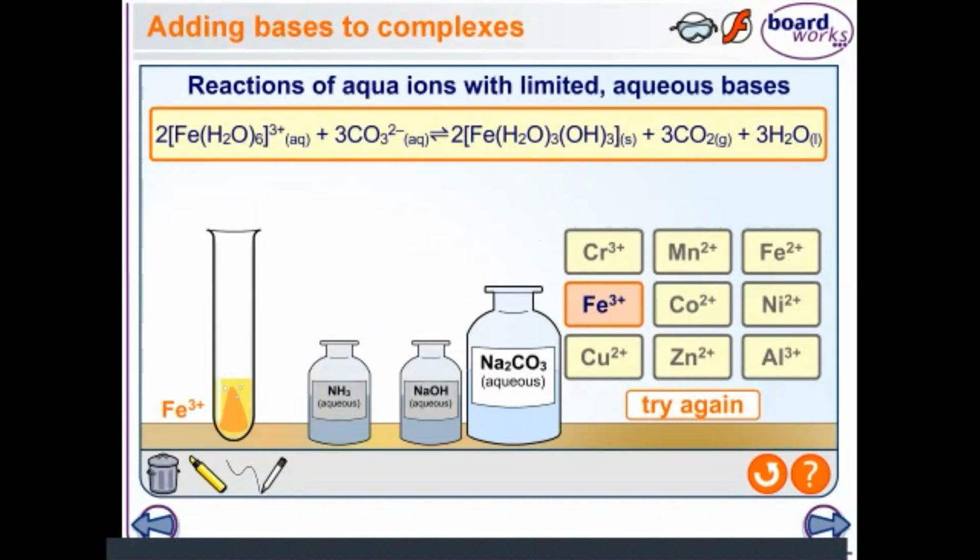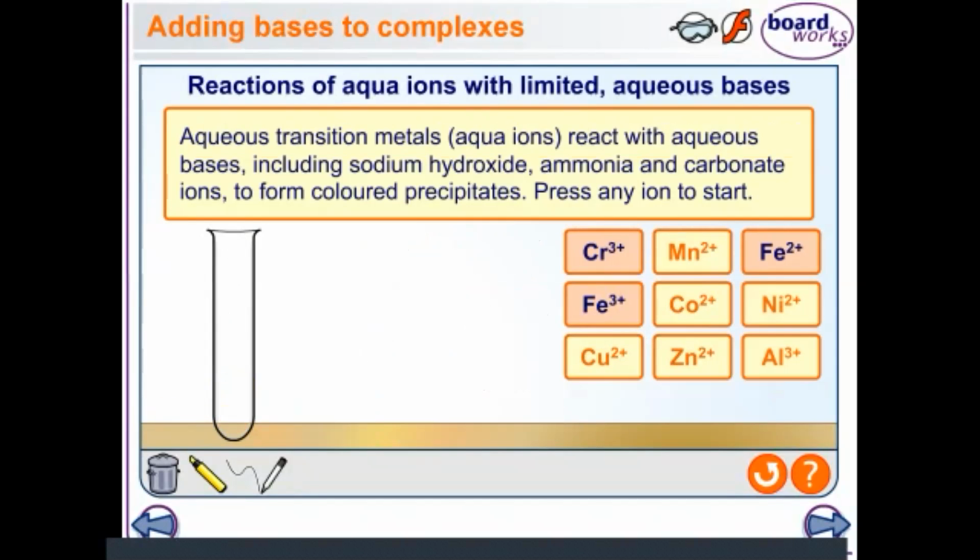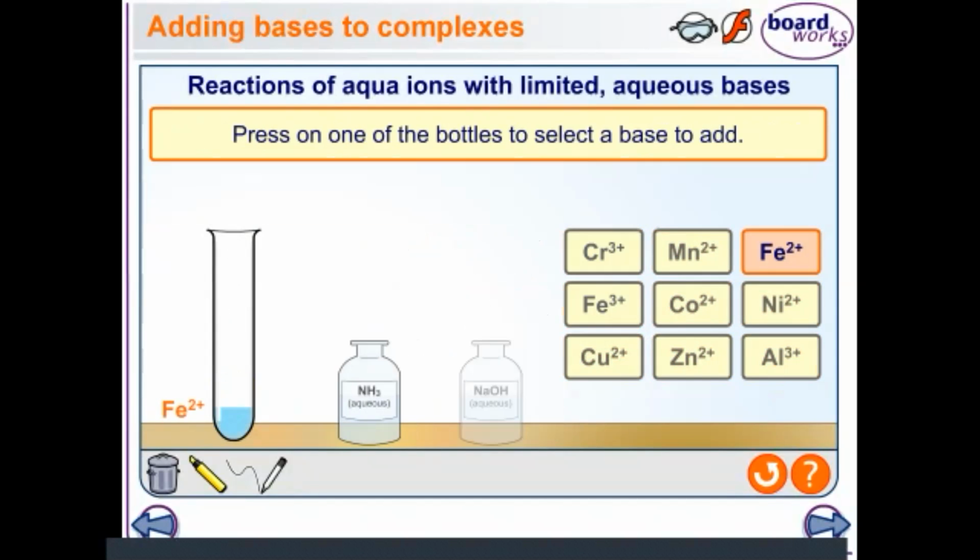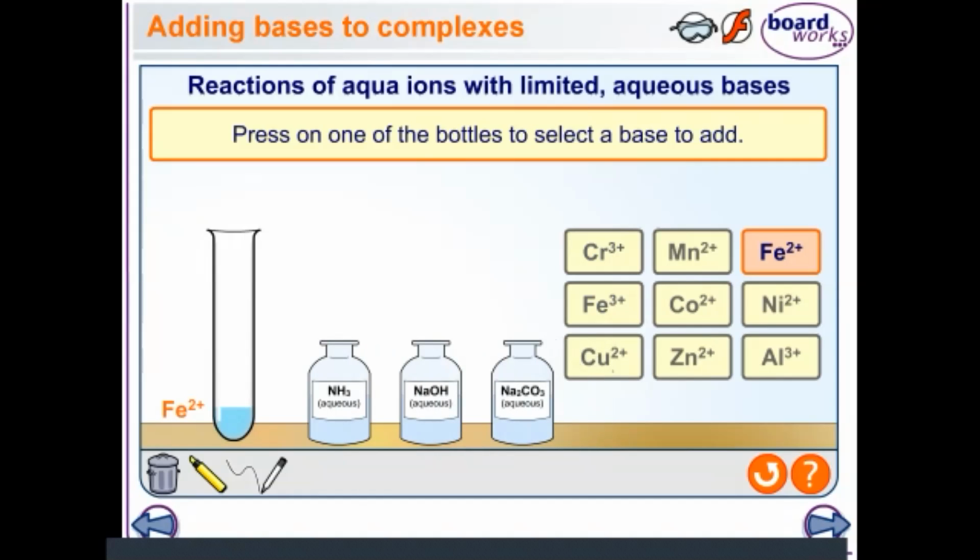Now let's compare it with the ferrous ion, the Fe2 plus. Look at the color of the solution, which is different from the iron 3 plus, from the ferric ions.